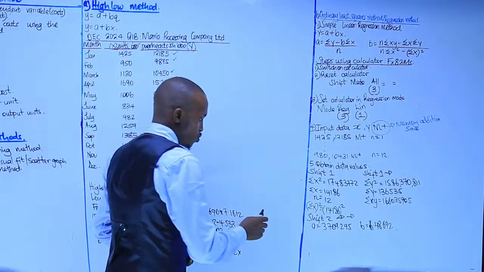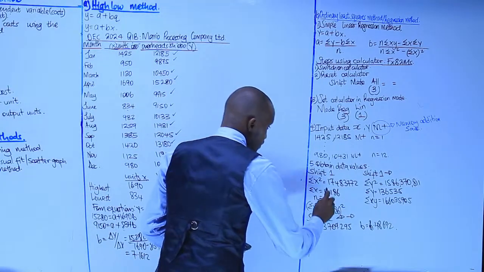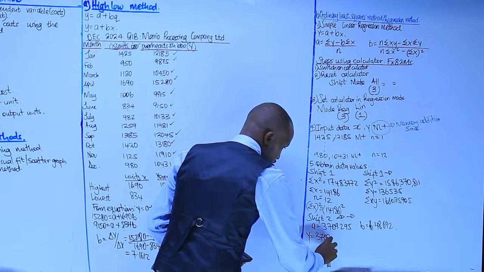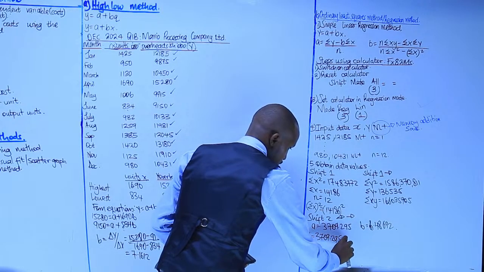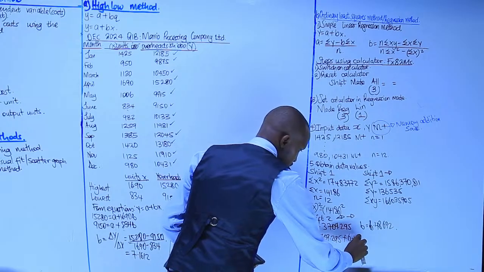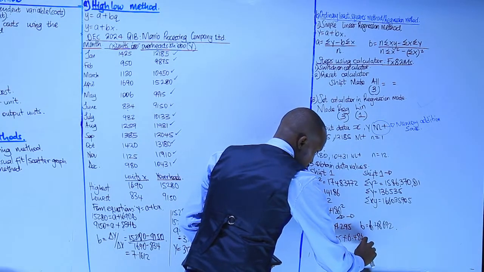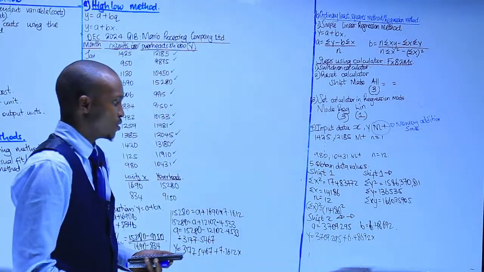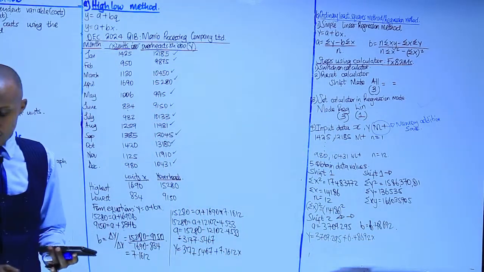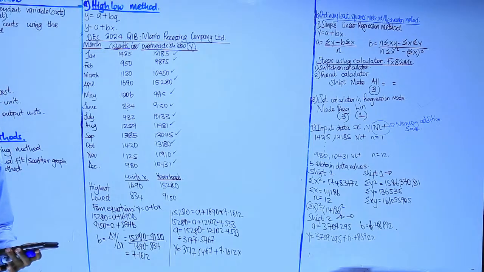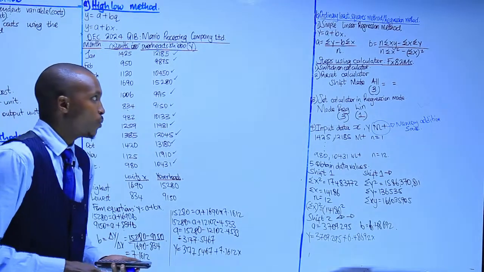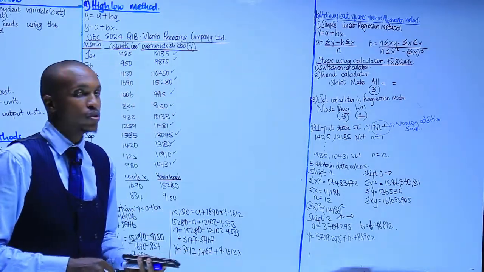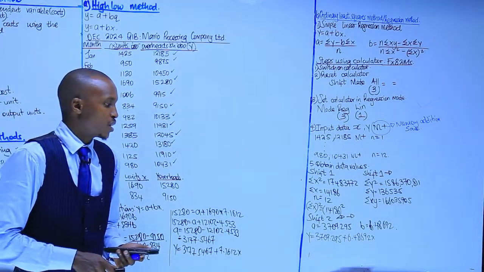We know our equation should be of the form y equals a plus bx. So the value of a is 3709.295, plus 6.48692 times x. And that is how we form equations using the simple linear regression method.